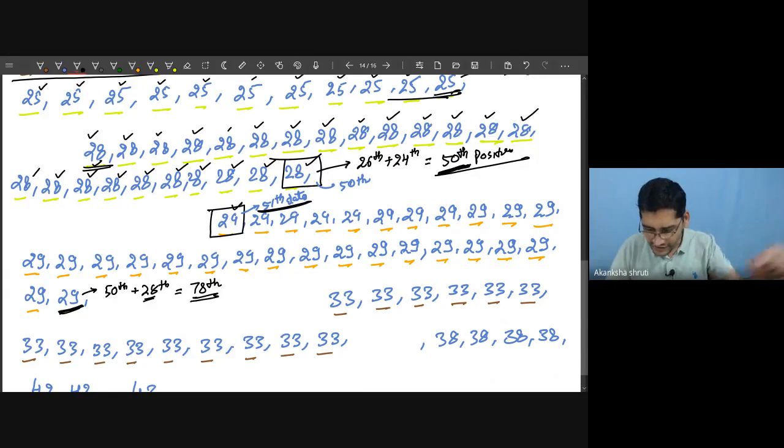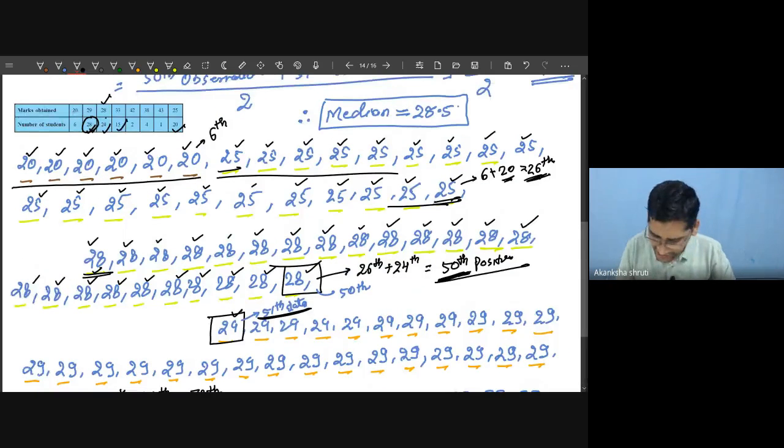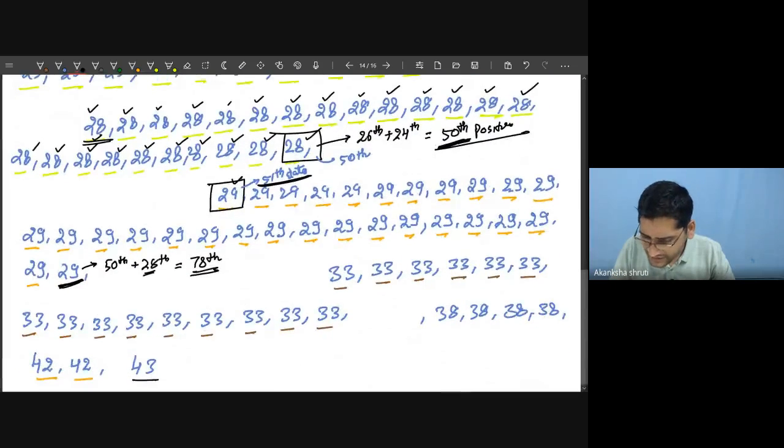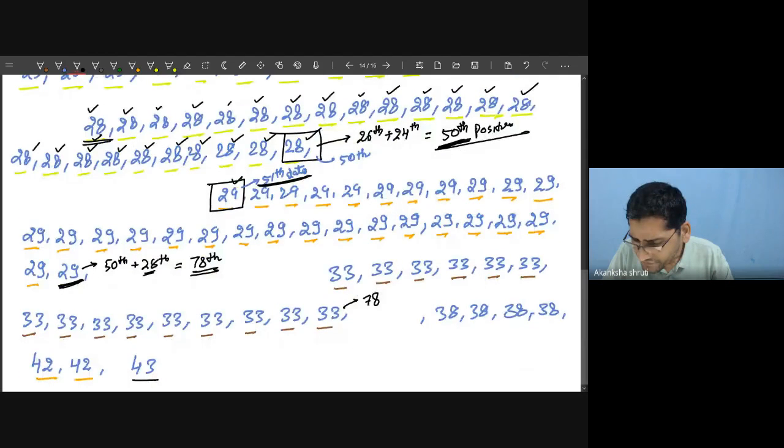Now coming to the 33. 33 is here 15 times. So the last of the 33 will be at which position? After this 78, add 15. Observe this, 78 plus 15, so it is the 93rd position.